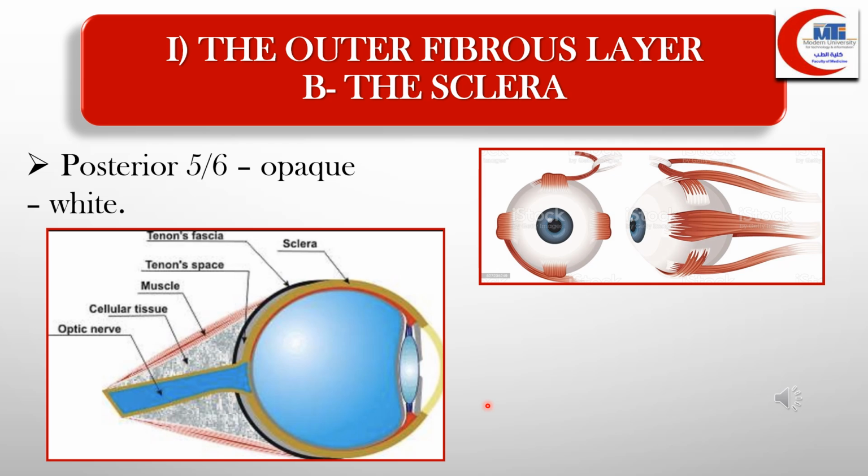It is anchored in the orbit by dense connective tissue called Tenon's capsule, and gives attachment to the extraocular muscles, permitting the rotatory movement of the eye. The sclera is perforated posteriorly by the optic nerve, which is actually a tract of the central nervous system.